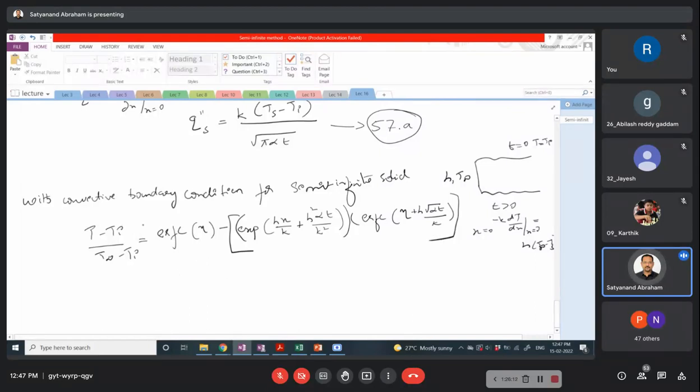So this is the equation we can have, where eta is equal to x by 2 square root of alpha t.